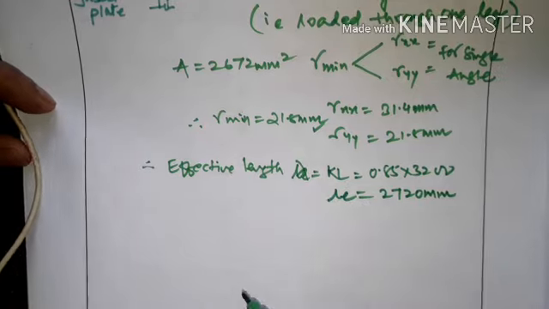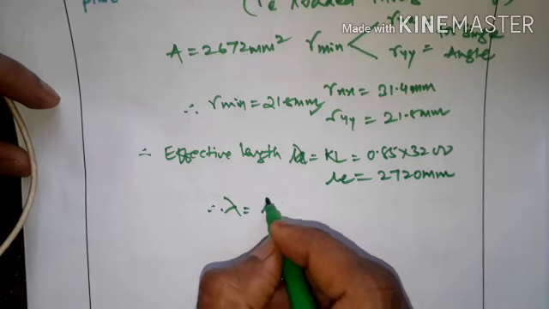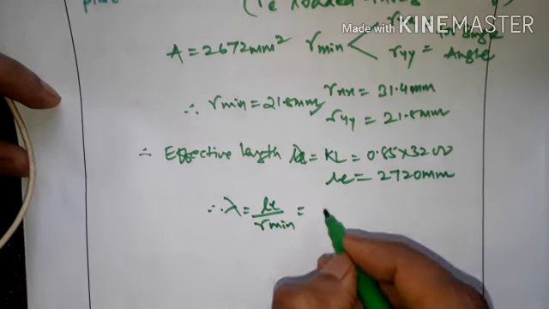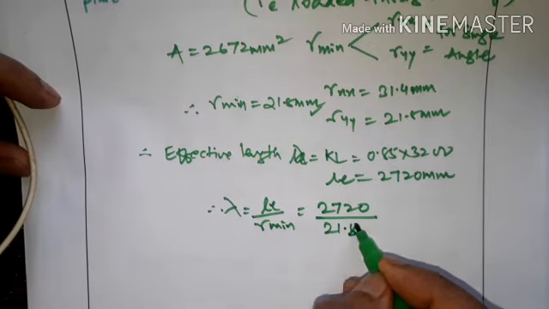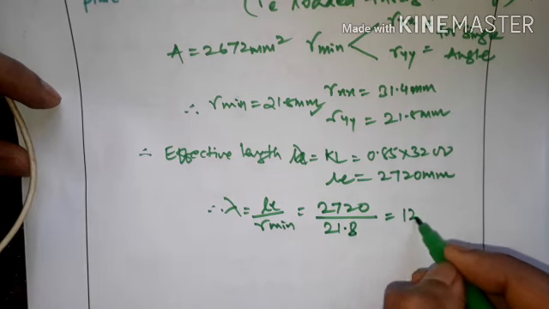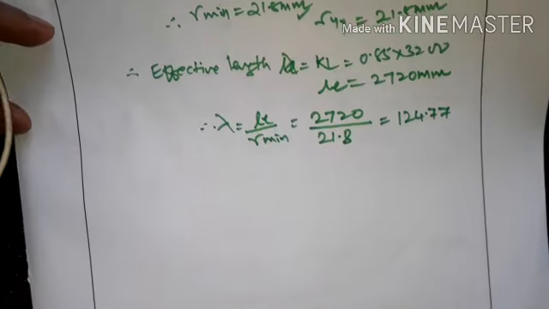Therefore lambda is equal to LE by r minimum, that is 2720 by 21.8, so we get lambda equal to 124.77.